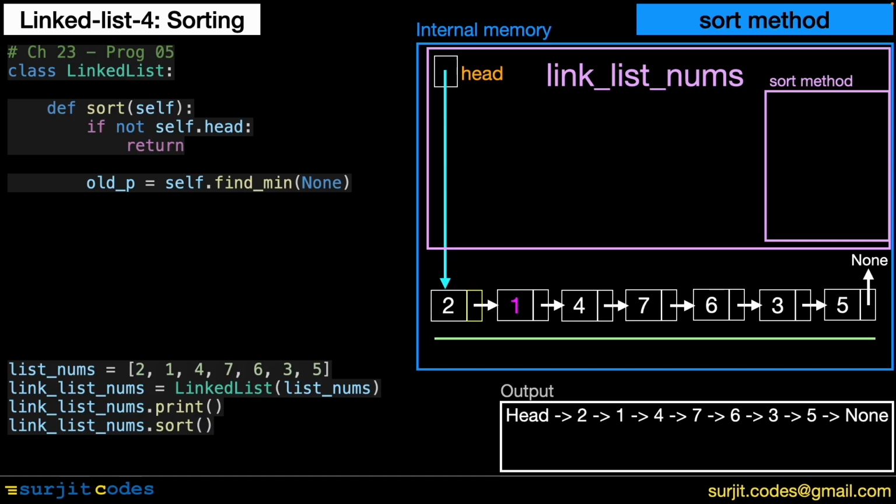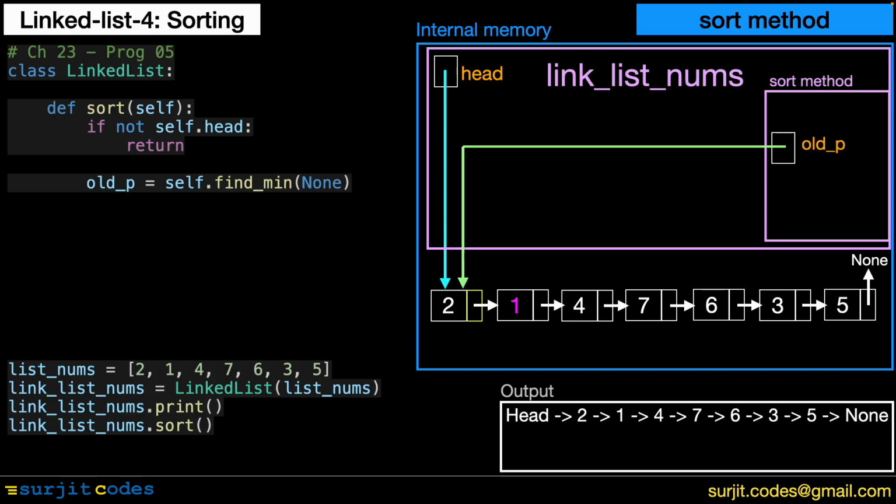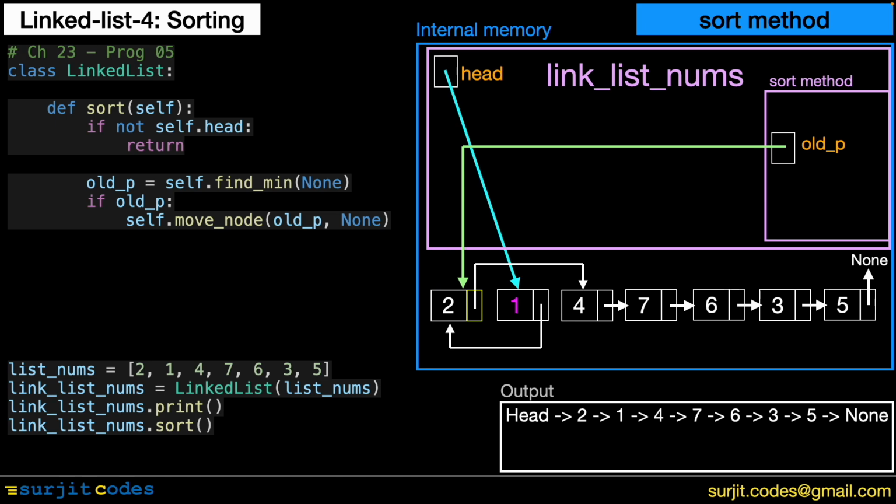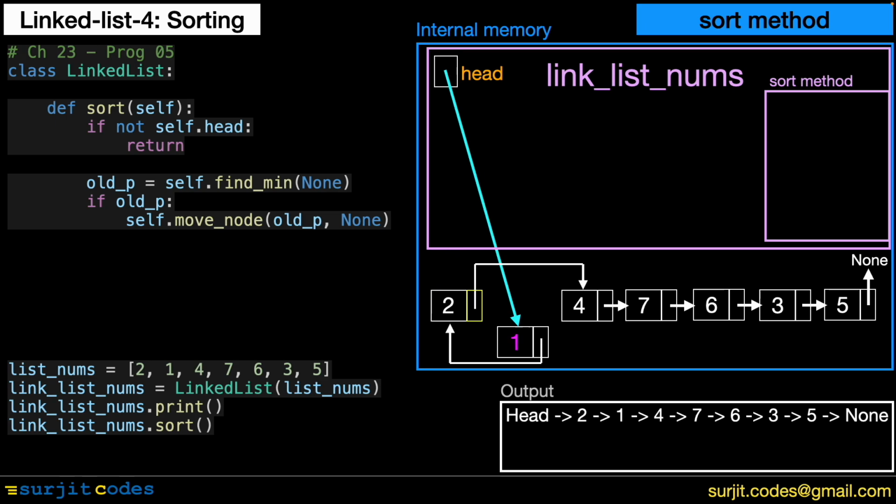In the range of nodes, minimum data is found to be the node 1. Its parent node is saved in old parent. It is not none, so node 1 is not the head node. The move node method makes it the new head by moving the pointers as shown here.